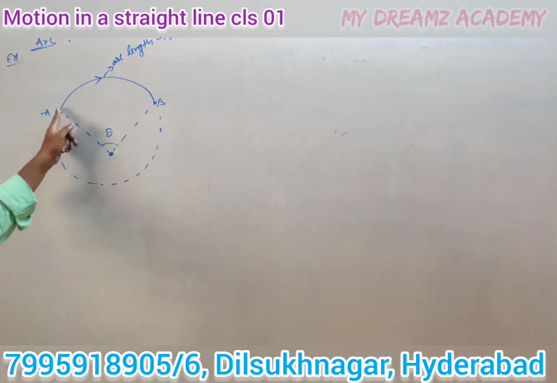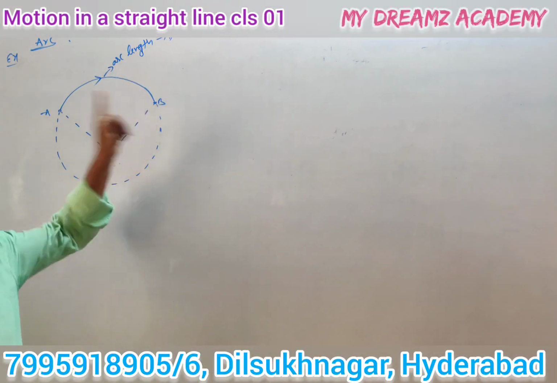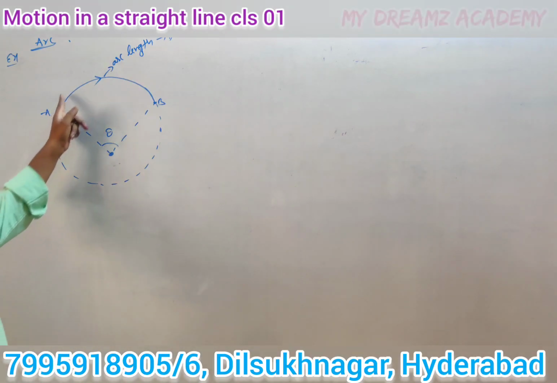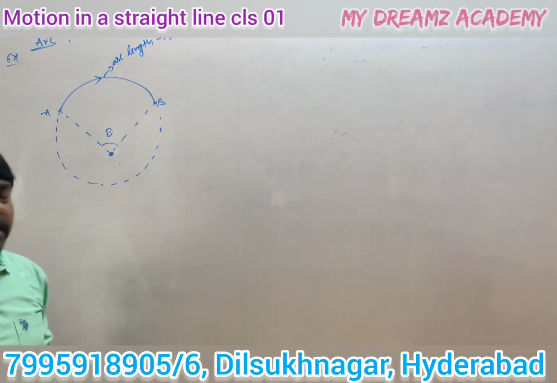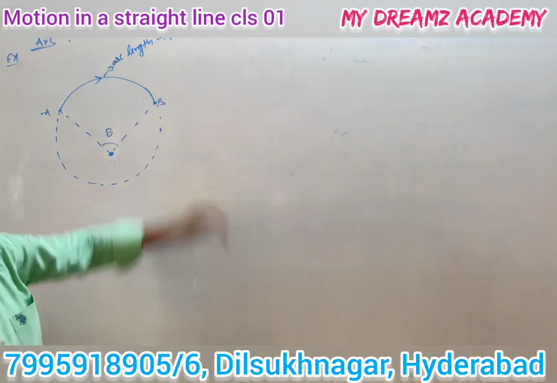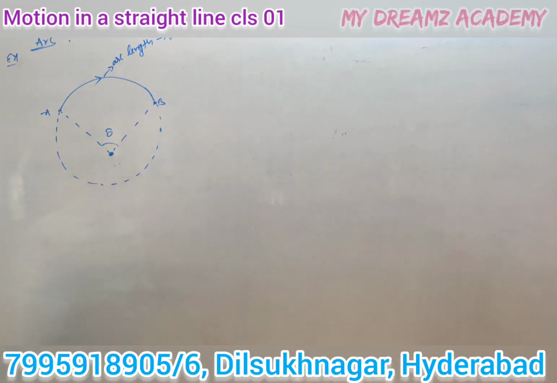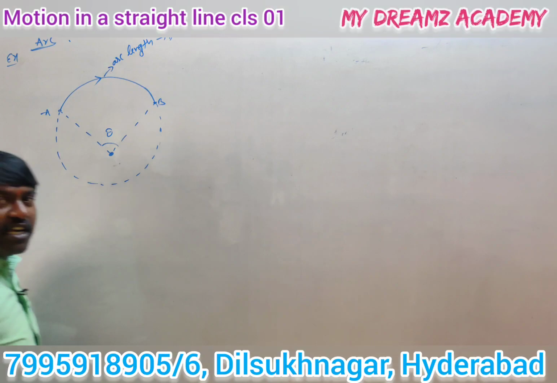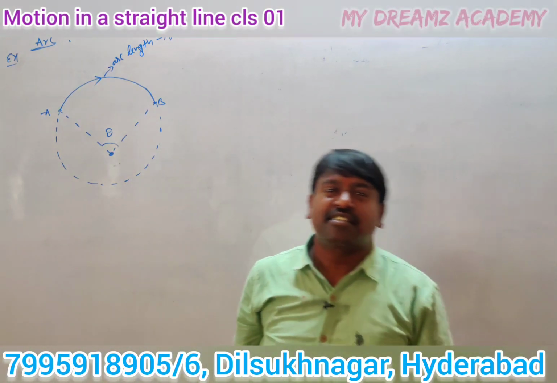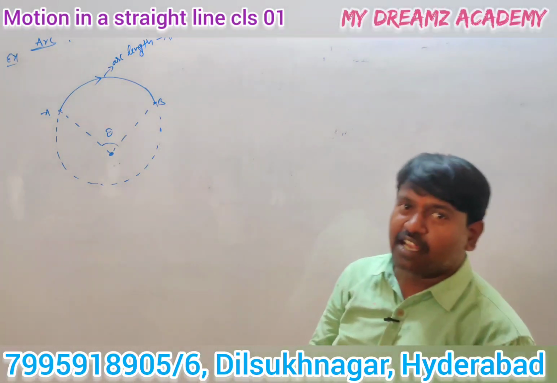The total path length is the path followed by the body or particle. Here the arc length is nothing but the distance covered by the body. What is the displacement covered by the body? Displacement means the shortest distance between initial and final positions.